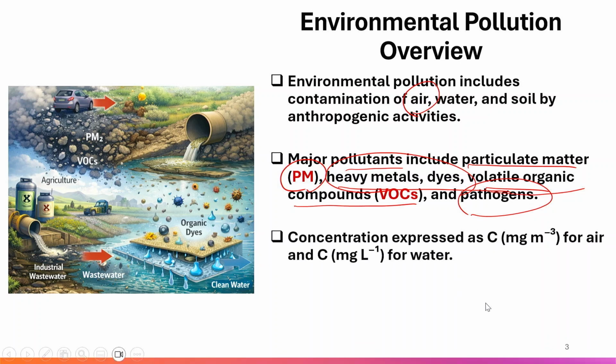For air pollution we express the concentration in milligram per cubic meter, that is, how much pollutant is in one cubic meter of air, and in water, per liter, how much pollutant is there. These are the expressions of environmental pollution.